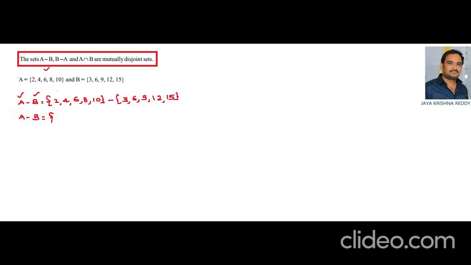First of all you have to cancel the common element from both the sets. 6 is the common element from both the sets. Write the remaining elements from the first set. So the elements are 2, 4, 8 and 10. This is A minus B. Now what is the Venn diagram for this one?